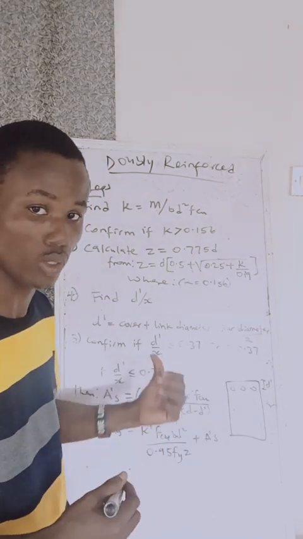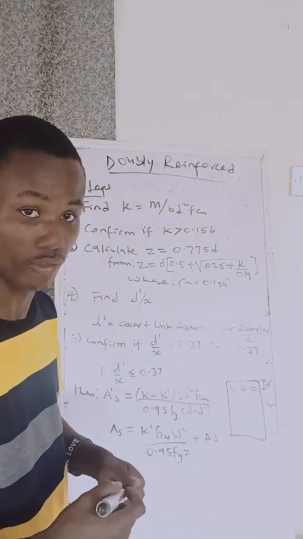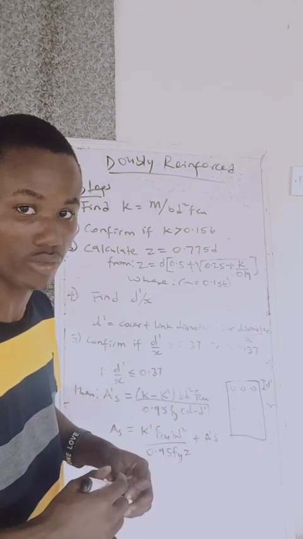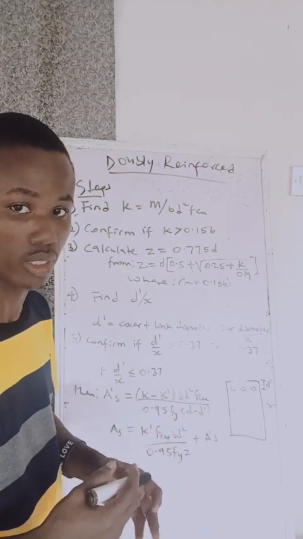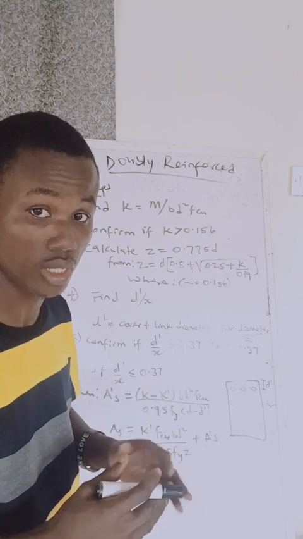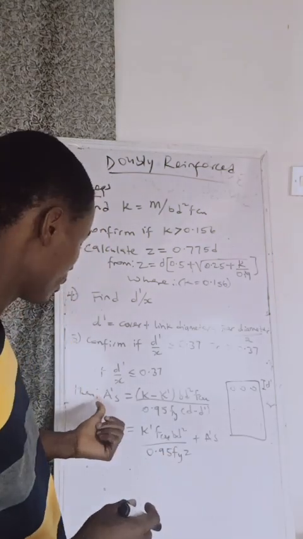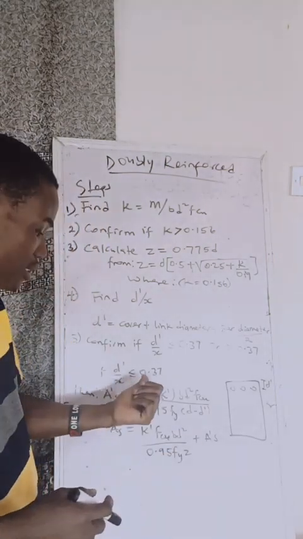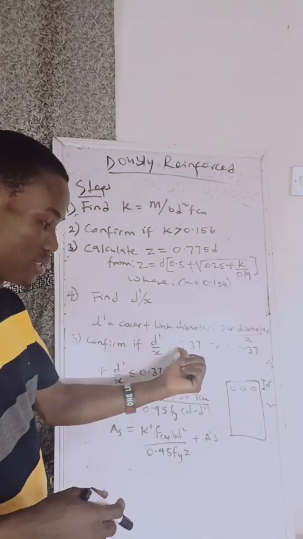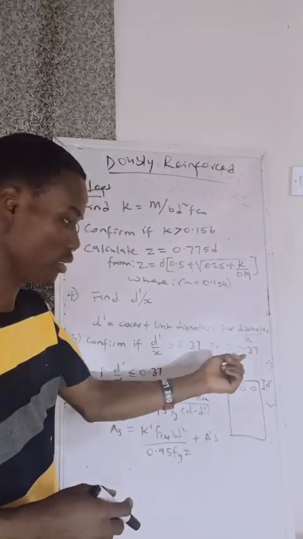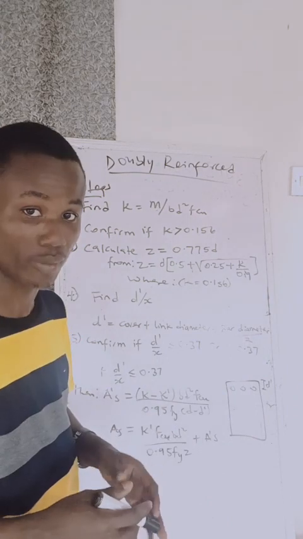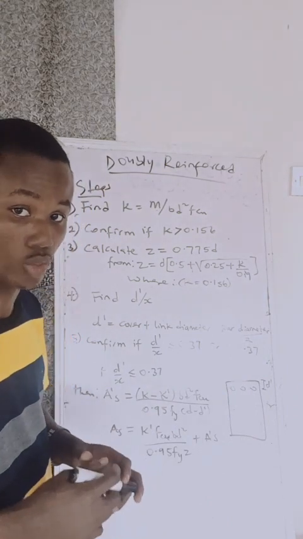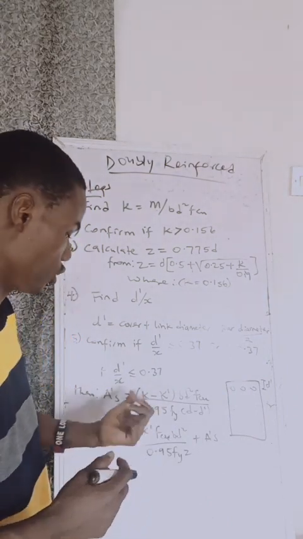I'm going to show you what x means in the next video, most especially the calculation part. If d prime over x is less than 0.37, you use this formula.